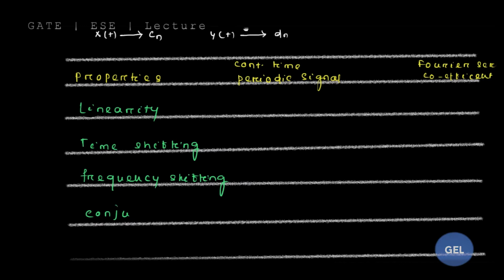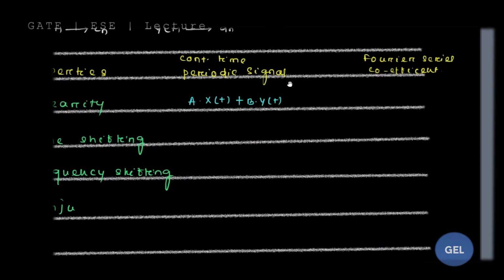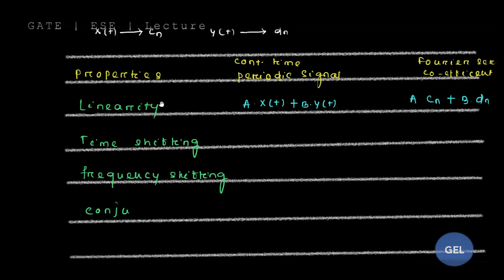Then the property of linearity is this: if the continuous time periodic signal is in this form, the subsequent Fourier series coefficients will obey the same order. That is why I'm calling this the linearity property. Clear?